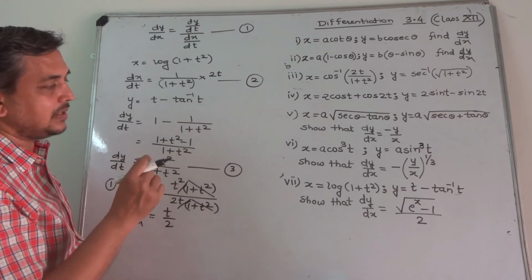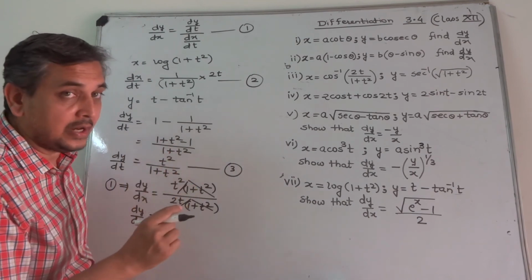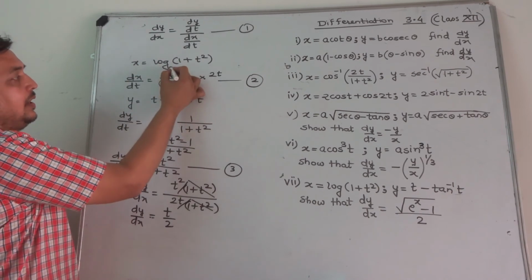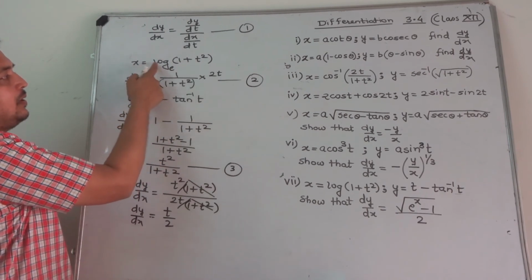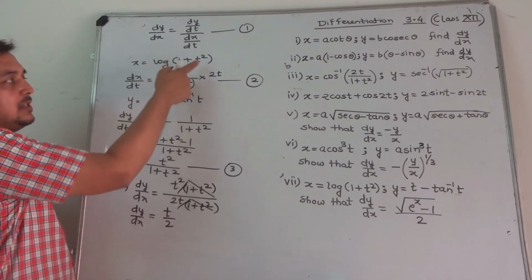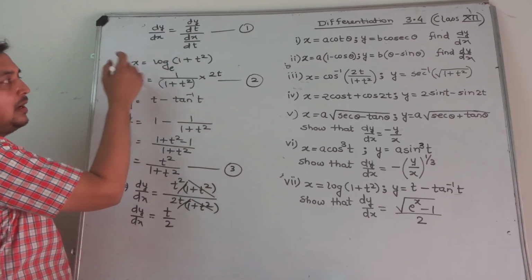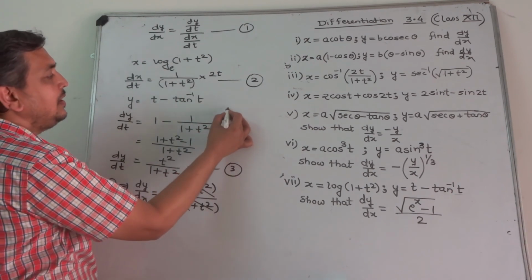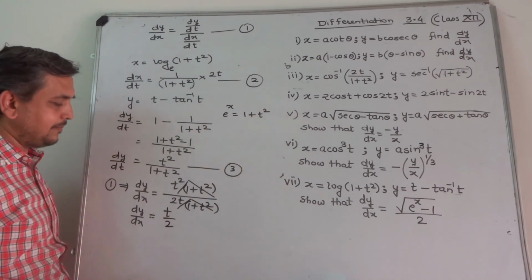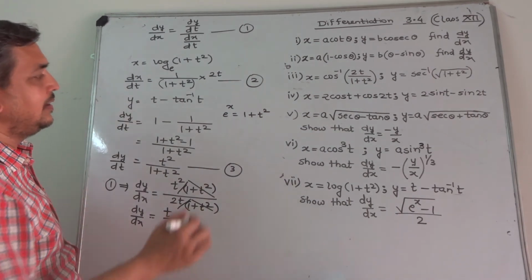Now logarithm and exponential are related. There is one logarithm function over here. It is given that x equals log of 1 plus t square to the base e. Can we convert this logarithm into exponential? How? e raised to x equals 1 plus t square. Is this correct?